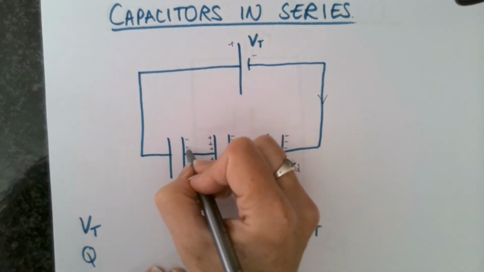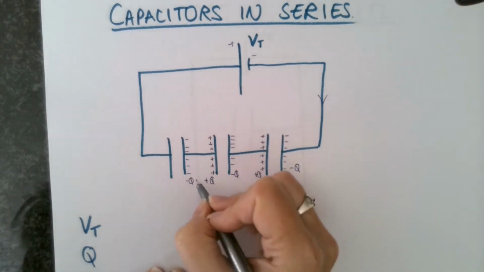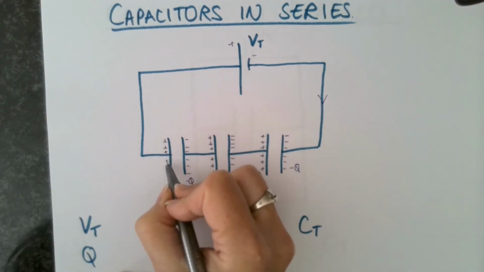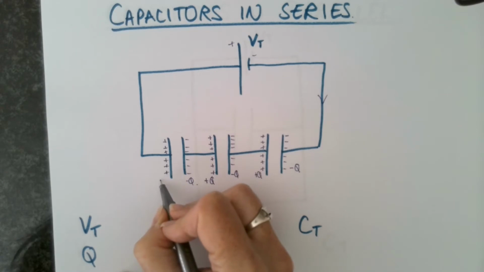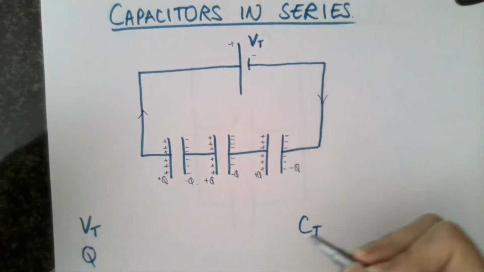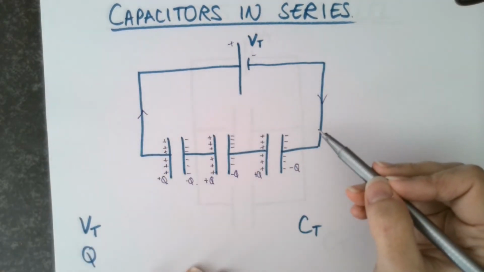Those electrons were repelled and arrive at the next plate of the third capacitor, and they repel the same number of electrons from the final plate, which means that we have this current flowing in our main part of our circuit.